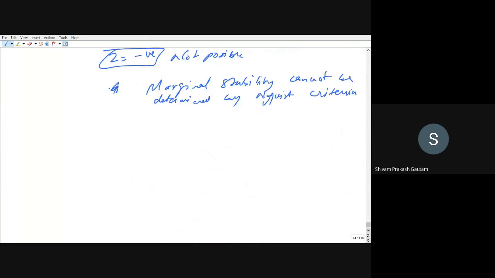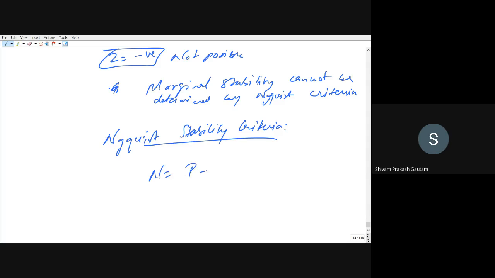Now for the recap, I am again telling you the Nyquist stability criteria. So what is the formula?